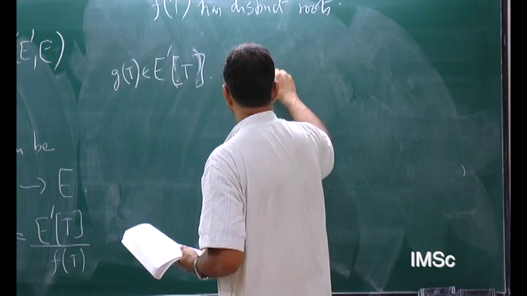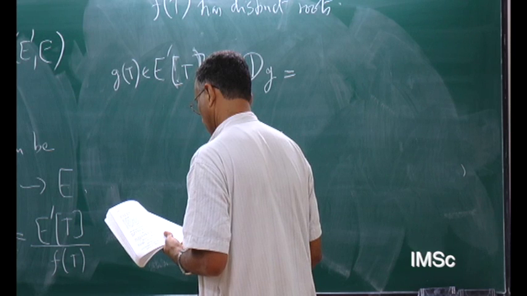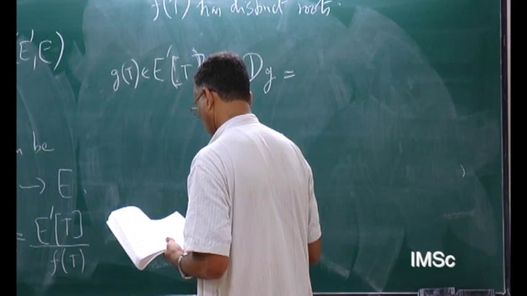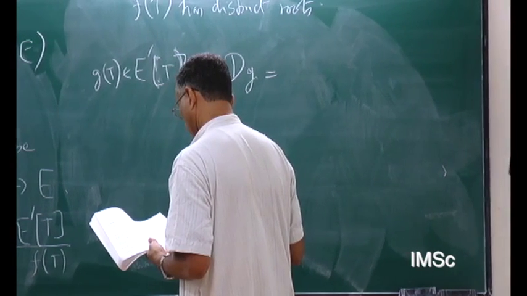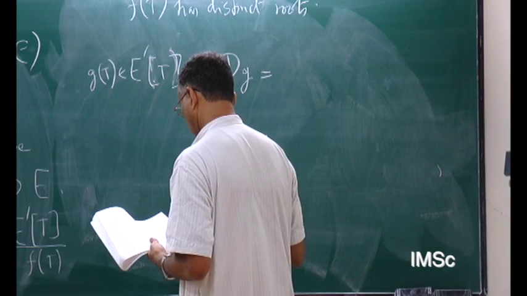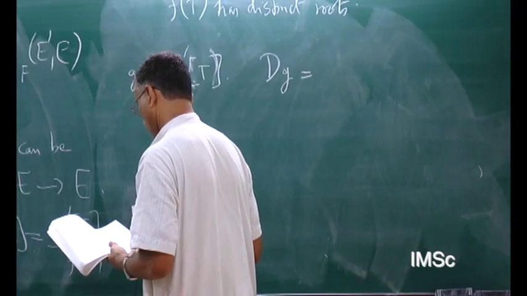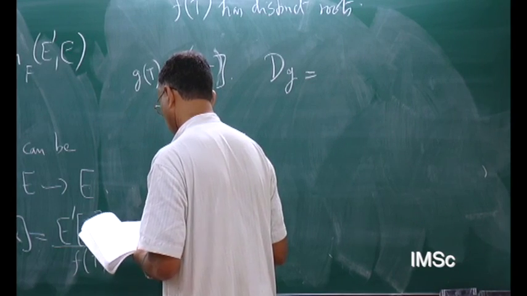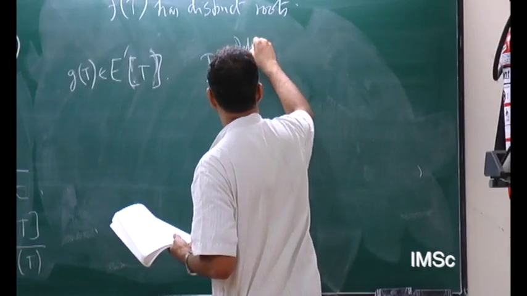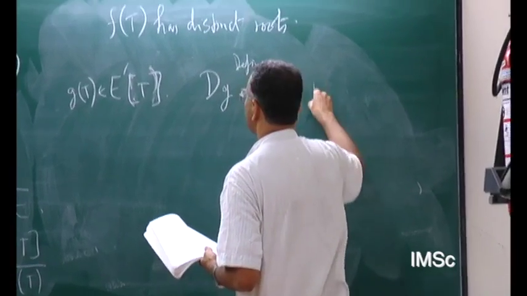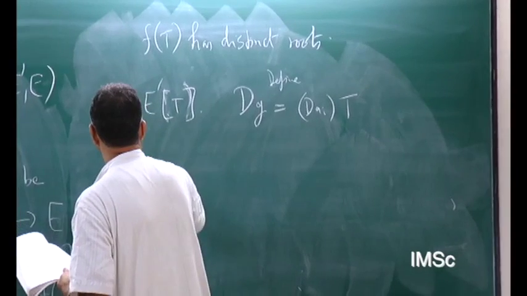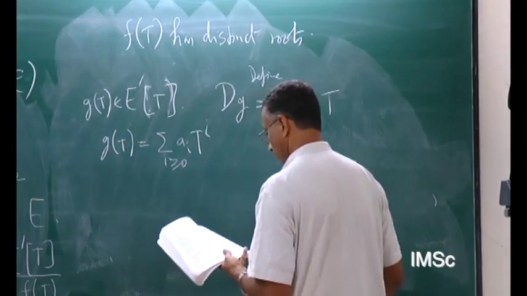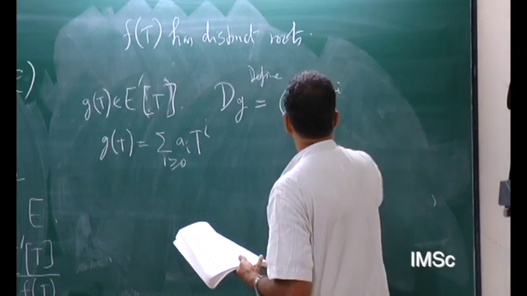Define, and only if, okay, define dg. He says define d a_i t_i, so g(t) is equal to the sum over i bigger than or equal to 0 of a_i t^i.